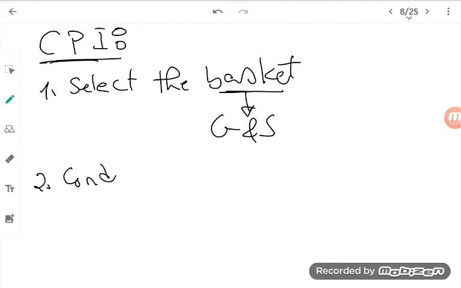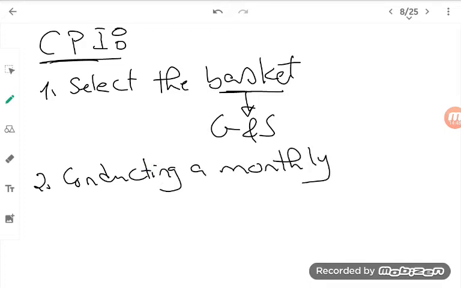Number 2, conducting a monthly price survey. Usually price levels are calculated monthly, not annually. Okay, so we would like to conduct a monthly price survey in order to know the change in the price of each commodity monthly.